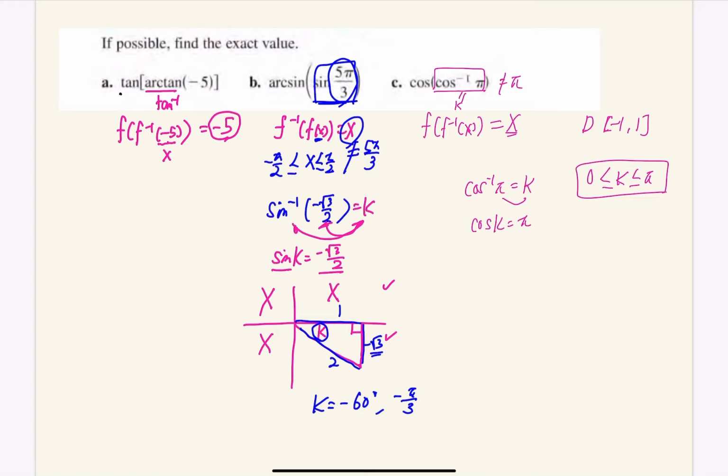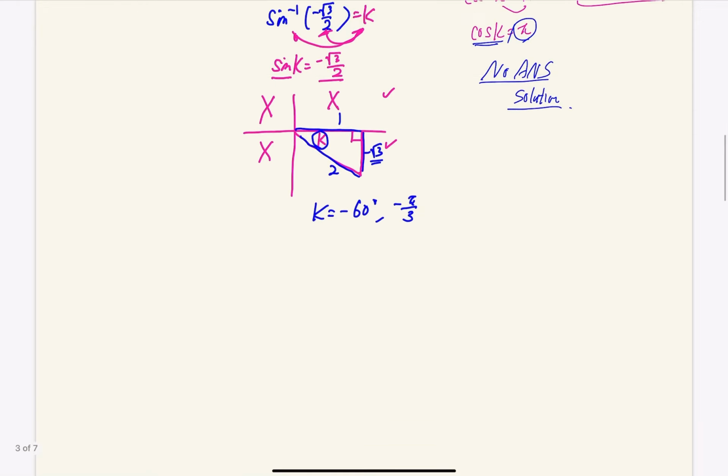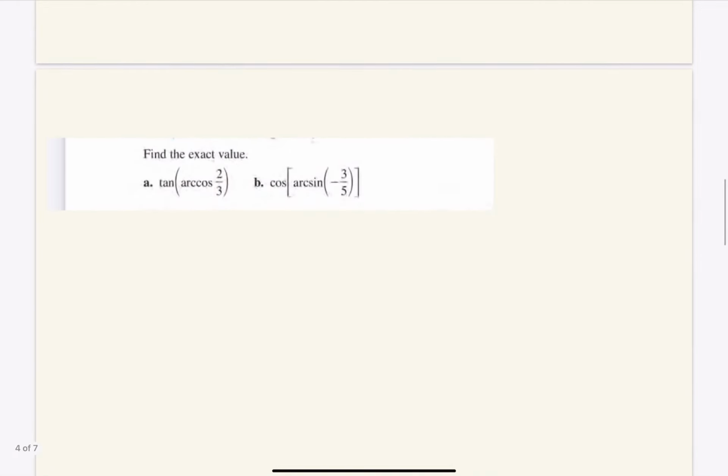But the maximum value of cosine is 1, and the minimum is -1, right? You can't make pi. So no angle k can satisfy this equation. So what is the answer? No answer, no solution. All right. Let's try another type of composition question.